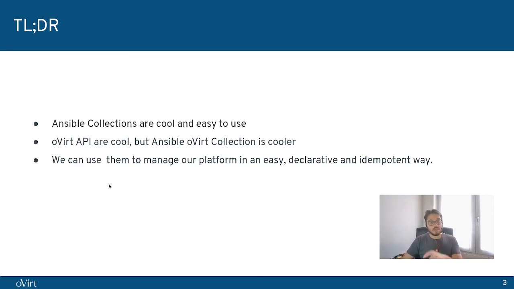The oVirt API is cool too, but the Ansible Collection is better suited to communicate with our platform and lets us manage it in an easy and declarative way. So we can create our objects easily without any problem.